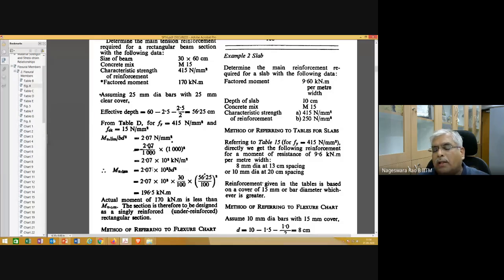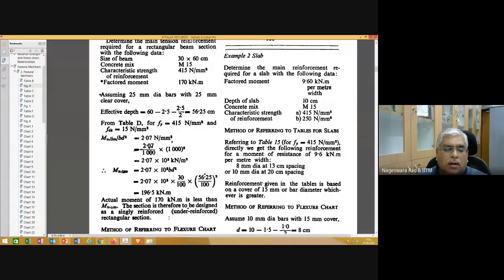When you are learning a basic course, we don't recommend this. You need to go through regular calculations, starting from first principles, and get the values of area of steel and section dimensions. But for cross-checking purposes, you don't need to come back to us and ask whether your design is correct or not. You can cross-check your design using SP16.